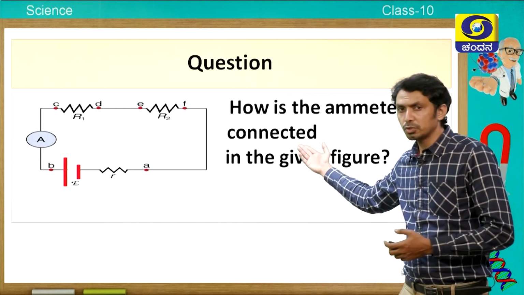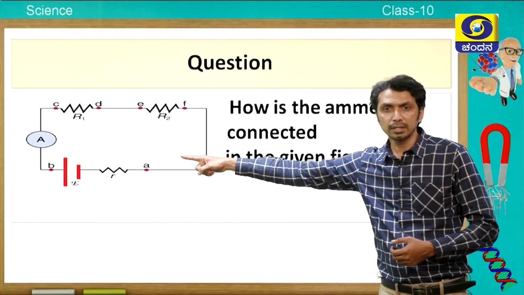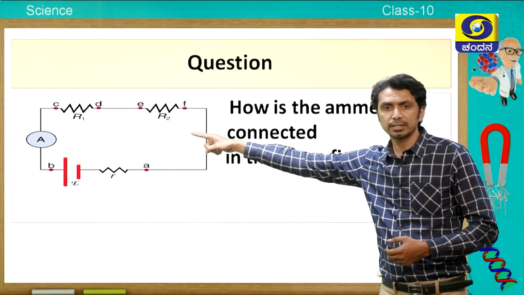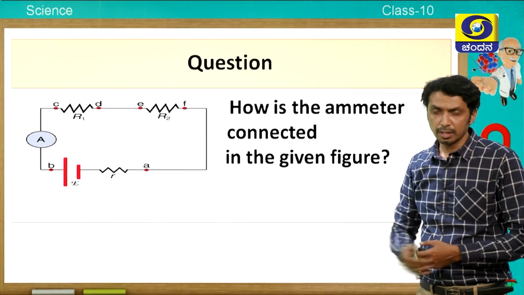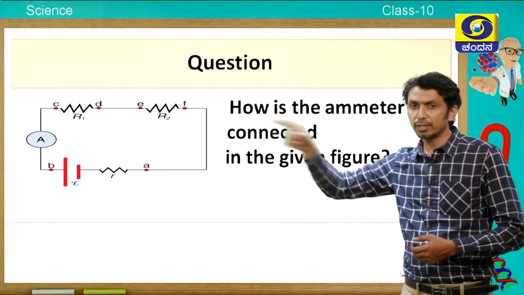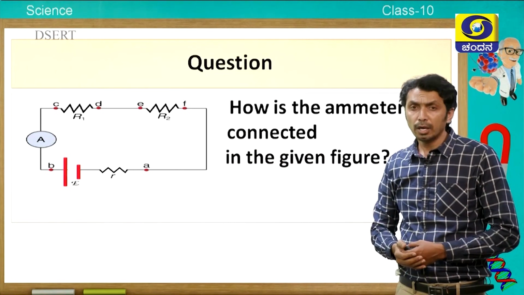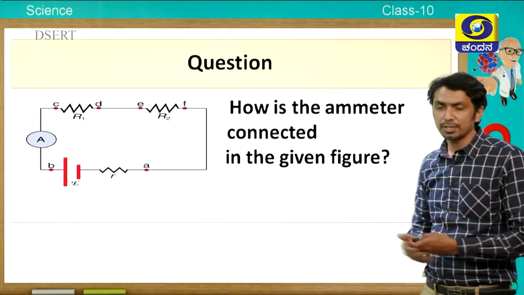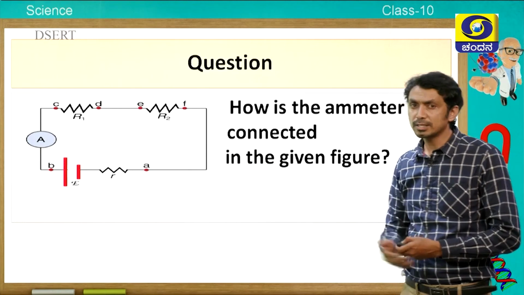Now, I think you should be able to answer this question. Here is the ammeter and this is the battery, and these two are the resistances. These are the symbols of electric components that we learnt in our previous class, which are used in this circuit diagram. Now, what is the answer for this? Yes, the ammeter is always connected in series.